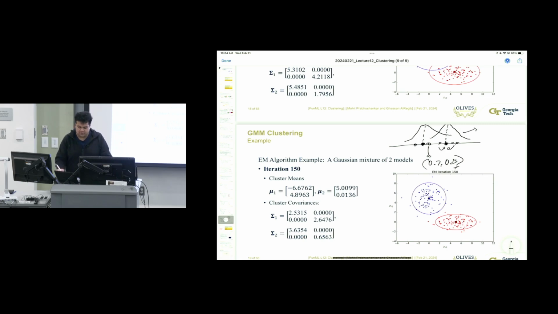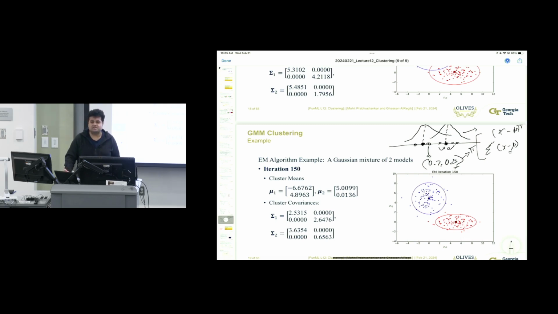Because we have this additional complication, there's a probability involved, and this probability is reflected in how we model this distribution. Instead of just doing (x minus mu) transpose (x minus mu), which is basically what k-means is doing in terms of the Euclidean distance, there's a sigma inverse between them as well, which takes the data generation process into account. There's also a pi value, which is your 0.3 or 0.7.